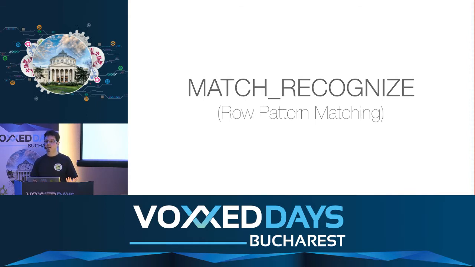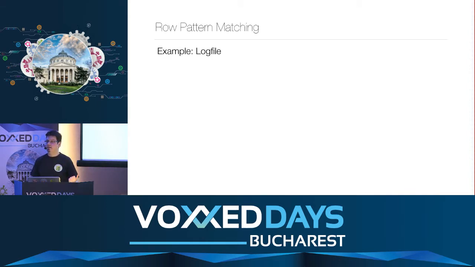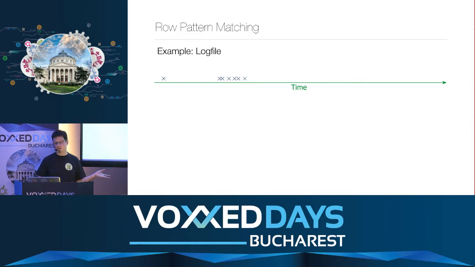Okay, so what is it about? Imagine a log file, like a web log file or anything like that, an event stream, it doesn't matter. You have a time axis and the events are coming in, and you want to do some analysis on that.